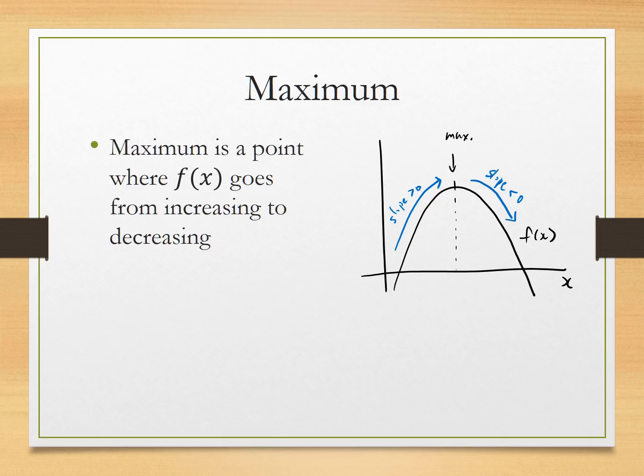What's the slope at exactly the point of maximum? Well, if the slope is positive on one side and negative on the other side, then naturally, as you can see from the diagram, the slope should be 0 at the maximum.